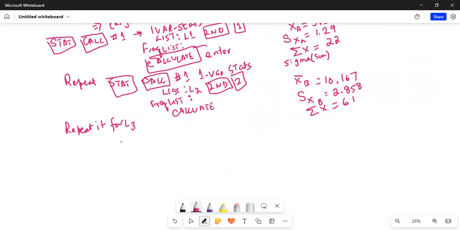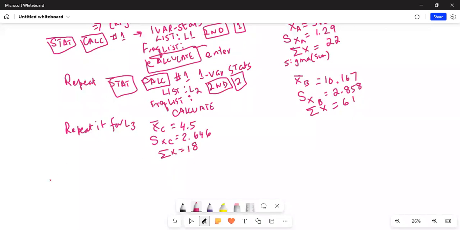And frequency list is empty. Calculate. And x bar C is equal to 4.5. SxC, the sample standard deviation for sample C, is 2.646, you might say. And sum of x is 18.